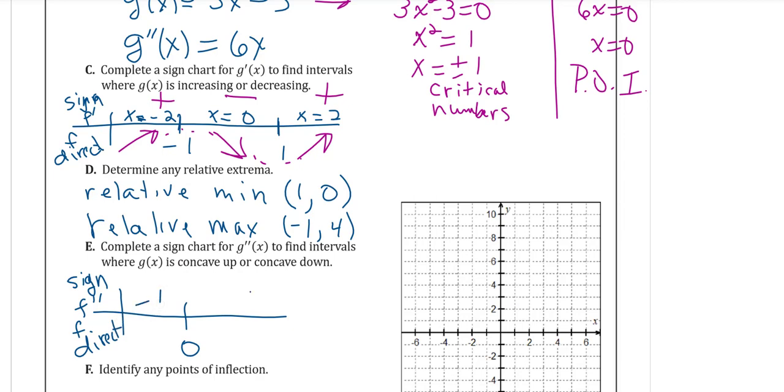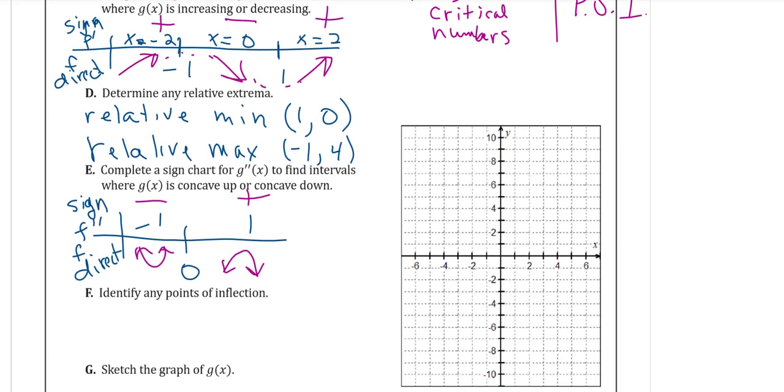Okay, so I'm going to do -1 and 1. So when I substitute -1 into my second derivative, that's pretty simple because it's linear. That's going to be negative. So I am concave down. And when I put 1 into the second derivative, I get a positive number. So I'm concave up. So any point of inflection, that is definitely going to happen at 0.